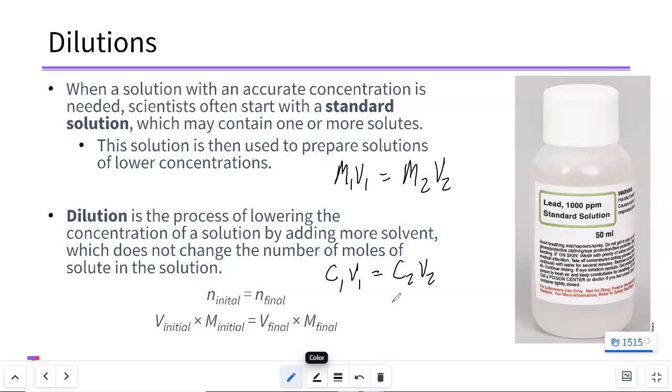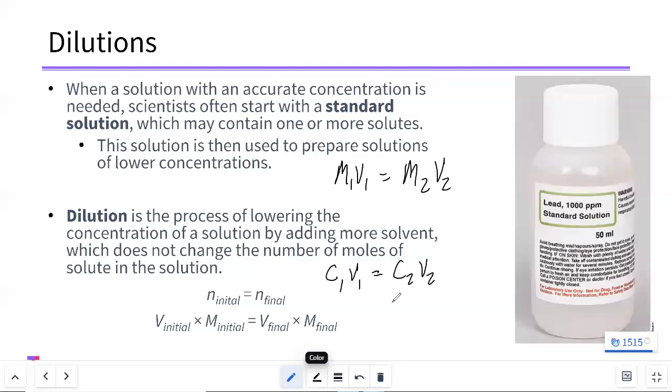So if I take, this is 50 milliliters, if I take half of it, 25 milliliters, the amount of parts per million of lead are going to be the same. Regardless if I take that 25 milliliters and dilute it up to 1,000 milliliters, or if I take that 25 milliliters and dilute it up to 50 milliliters, the amount of lead will be exactly the same in both cases. What will change is the total volume.